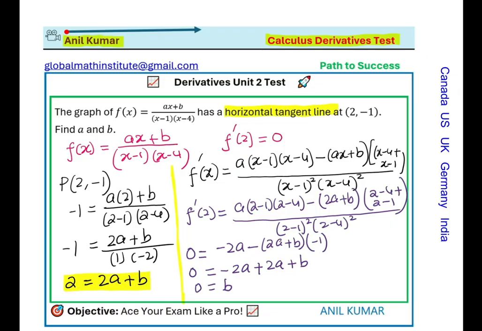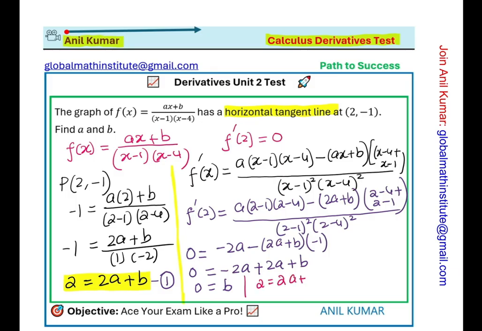Now, if b equals 0, we can substitute in our first equation and find the value of a, right? So let's do that. We'll squeeze it in this particular page itself. So we get 2 equals 2a plus b, which is 0, right?